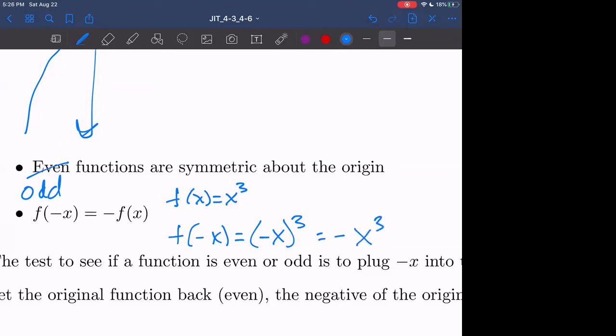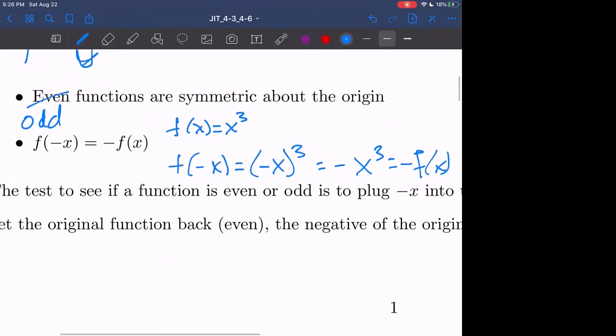Because negative 1 cubed is negative 1 times negative 1, which is positive 1, times negative 1 again, so it'd be negative 1. That's negative f of x, my original function. So that's our test for odd.